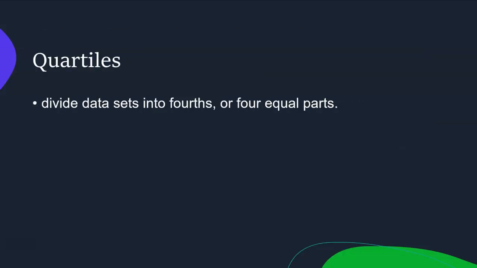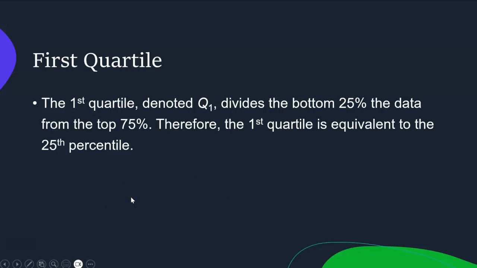We need to know what percentiles mean in order to talk about quartiles. Quartiles take your data set and divide it into 4 equal parts. So you have a first quartile, second quartile, third quartile, and a fourth quartile. The first quartile, Q1, divides the bottom 25% of the data from the top 75% of the data.